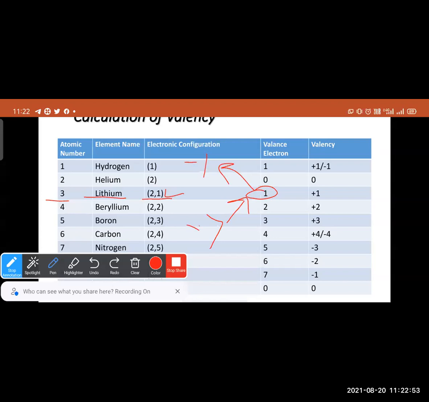So the valency will be +1 or -7. It will be easy to donate 1 electron, but totally difficult to get 7 electrons from another element. So lithium will prefer to donate that 1 electron instead of accepting 7 electrons. Therefore, lithium will have +1 valency.